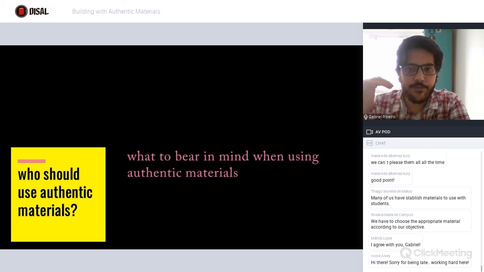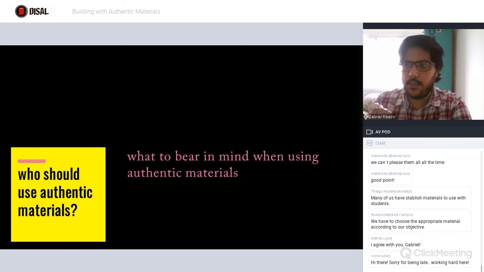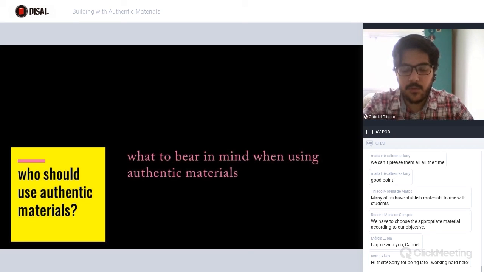When we're dealing with advanced students, usually the students who stick with us to advanced levels are the ones who have already learned this way of learning, right? They are already a little bit more comfortable with not getting all the information from the text.